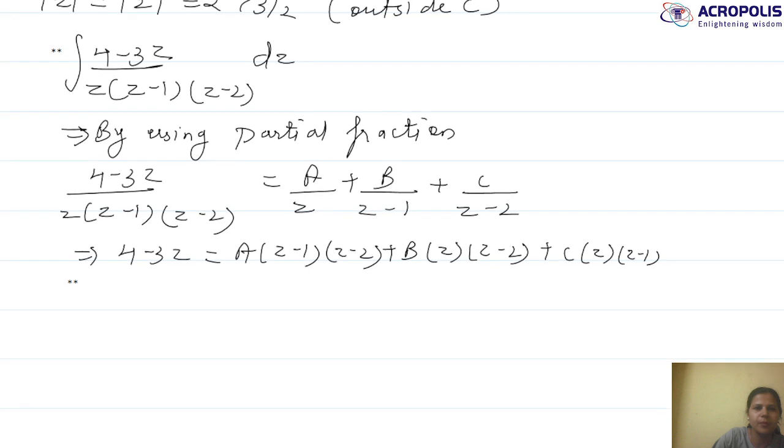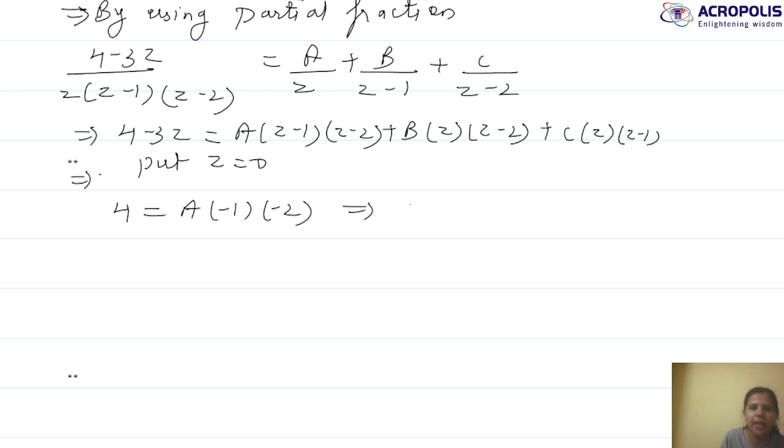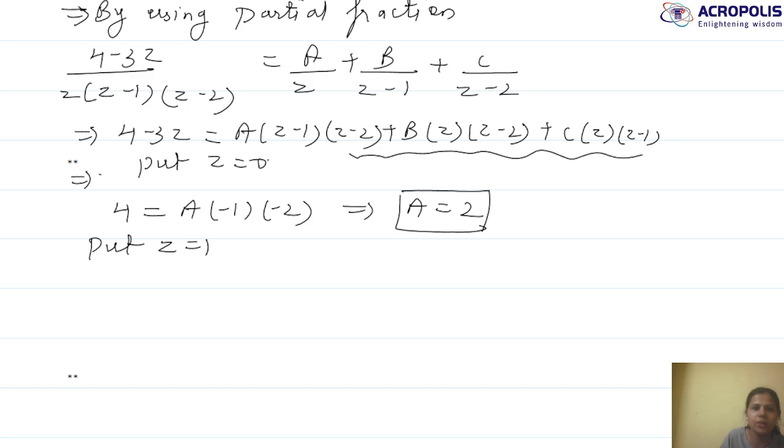So we need to find the values of A, B, C first. Put z equal to 0, then we get 4 equals A times minus 1 times minus 2, that is A equals 2. Again put z equals 1 in the whole equation.